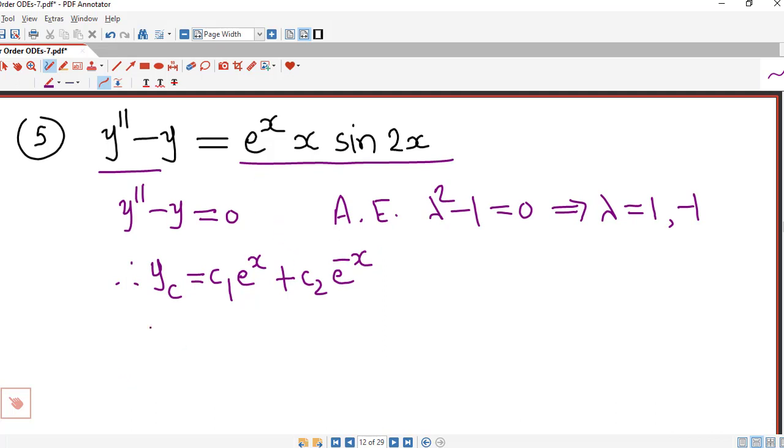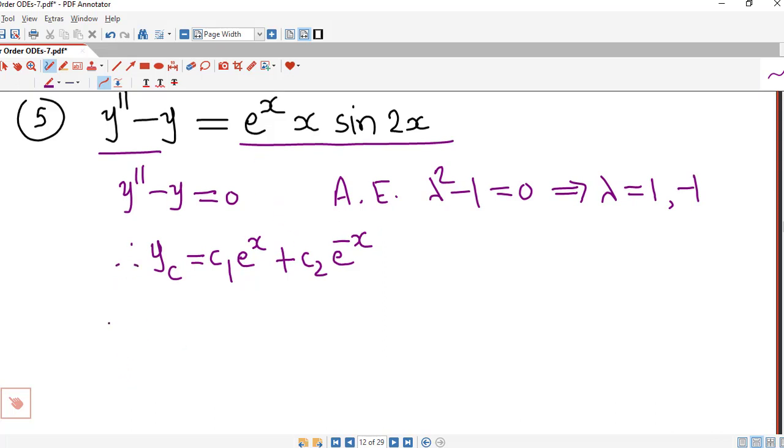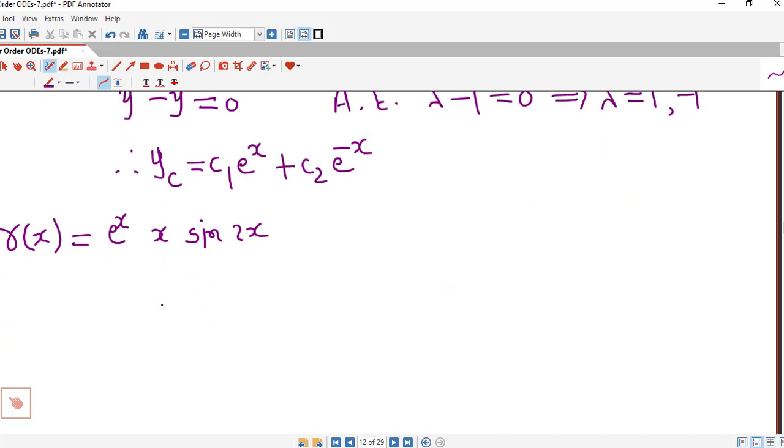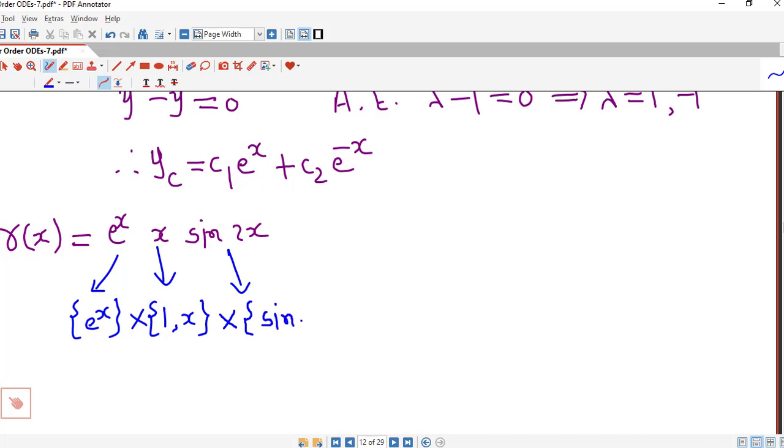Now here there are three functions in the product. So we have the right hand side equal to e raised to x into x into sin 2x, and because these three functions are in the product, we write down the corresponding families and we first take their Cartesian product. The family corresponding to e raised to x is e raised to x, the family corresponding to x is 1, x, and the family corresponding to sin 2x is sin 2x, cos 2x.